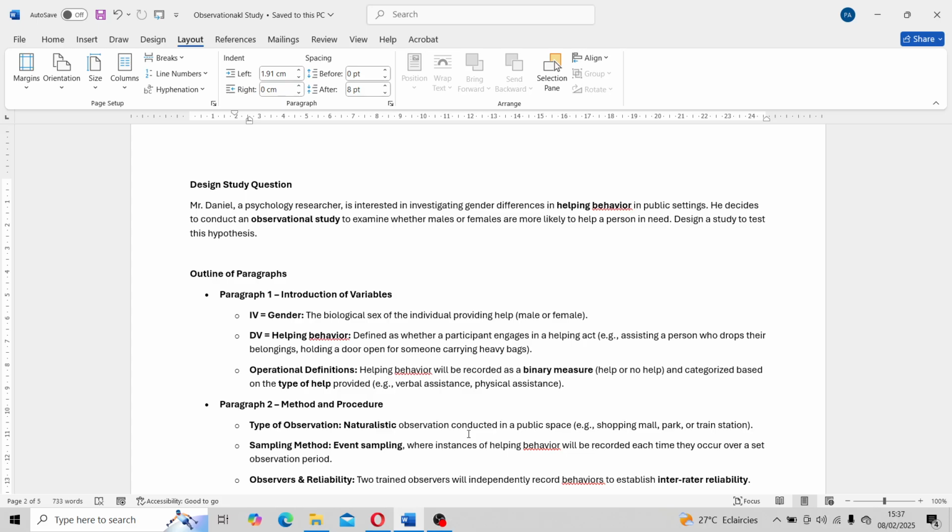That basically depends on you, but at least talk about two types of observation, which means your knowledge of the different types of observation is very important: natural versus controlled observation, participant versus non-participant observation. Those are the ones I can remember for now.